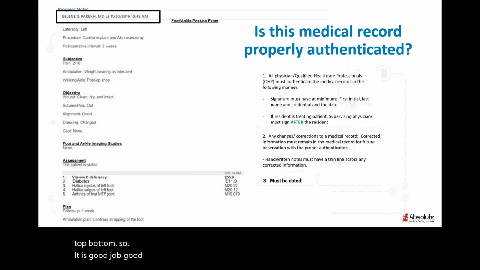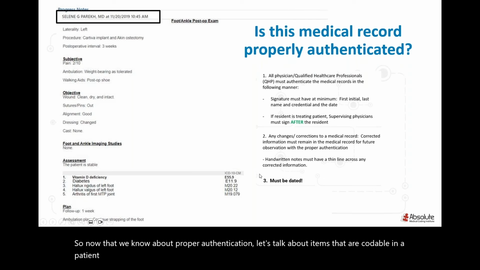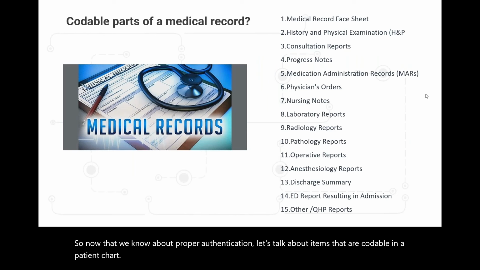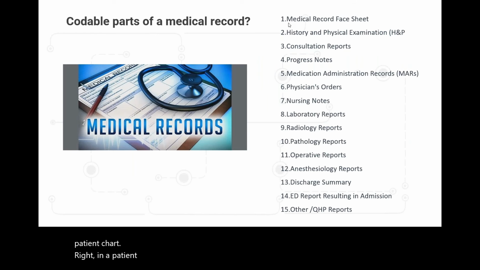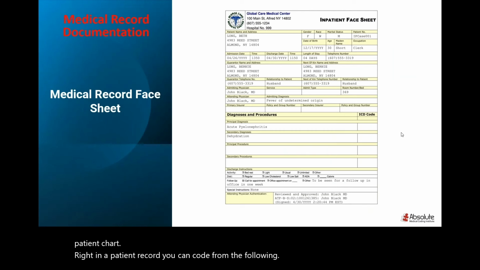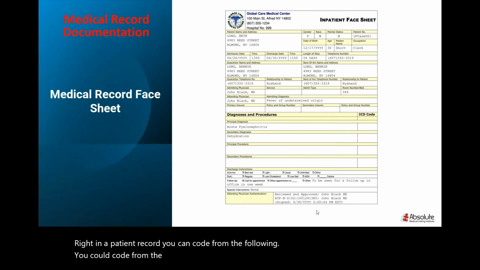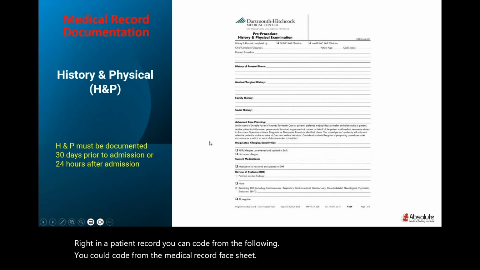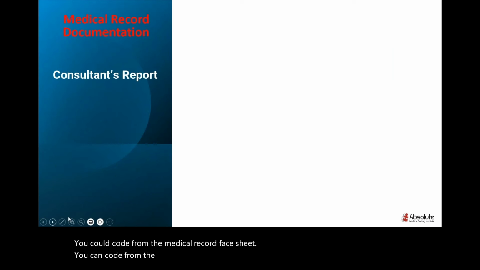So now that we know about proper authentication, let's talk about items that are codable in a patient chart. In a patient record, you can code from the following. You can code from the medical record face sheet. You can code from the history and physical.